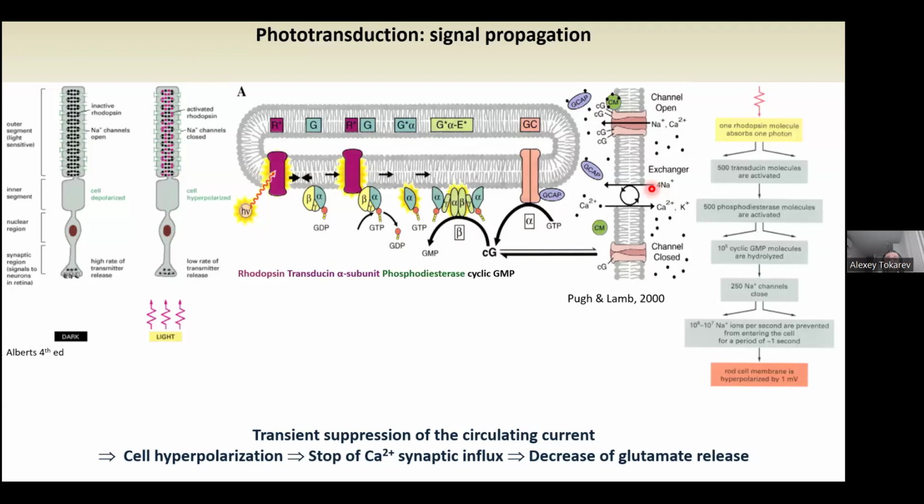So briefly speaking, absorbing light leads to the stop or partial decrease of release of glutamate, and this is the signal. The signal is a decrease of the signal in the synapse.